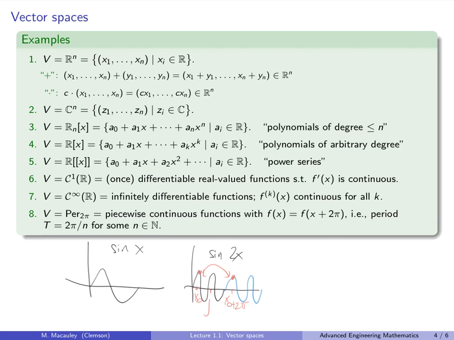This is x naught plus pi. So this function has period pi, this is period 2 pi, but they are both 2 pi periodic. And if you add these things together, you're still going to preserve this condition, that it's 2 pi periodic. And clearly, if you multiply these by a scalar, then the function is 2 pi periodic as well, even if that scalar is 0, because the 0 function is clearly 2 pi periodic. It obviously satisfies this condition.